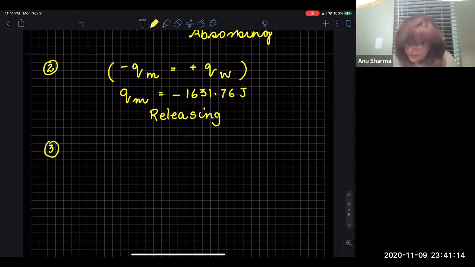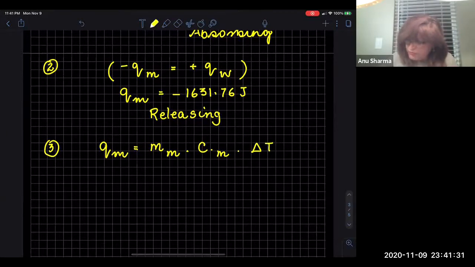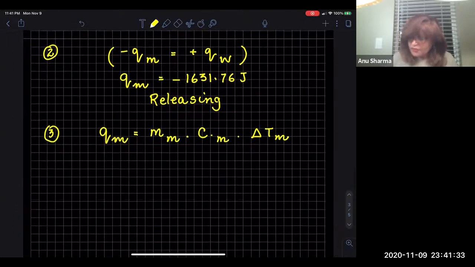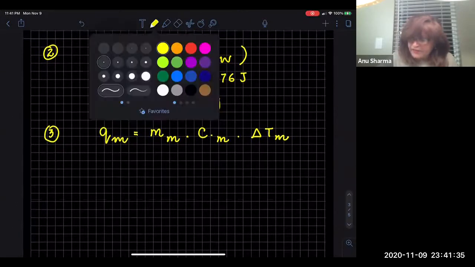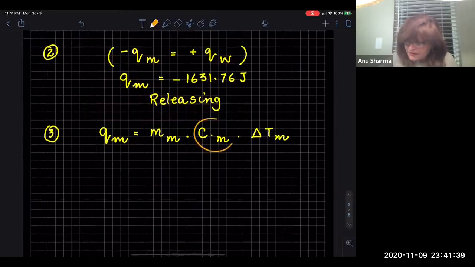So now we know Q of metal is equal to mass of metal times C of metal times delta T of metal. Okay, so this is the entity that we need to find, the specific heat of the metal.